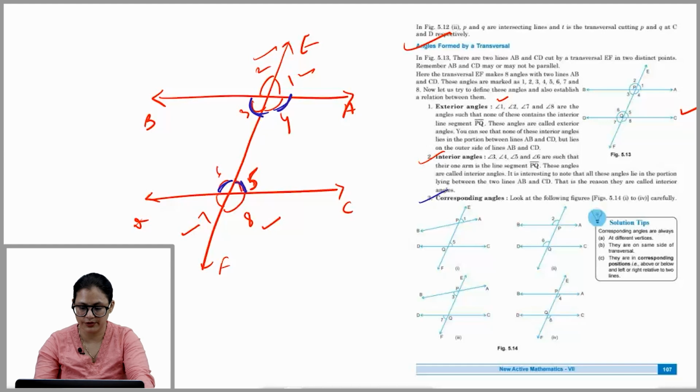Number 3, corresponding angles. Look at the following figures 1 to 4 carefully. See, angle 1 and angle 5, angle 2 and angle 6, angle 4 and angle 8, angle 3 and angle 7. These are corresponding angles.